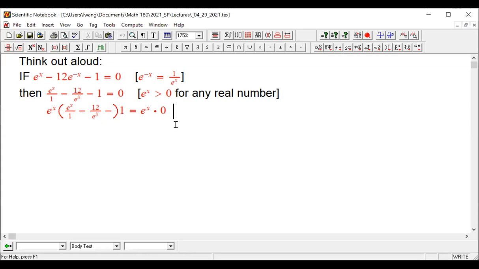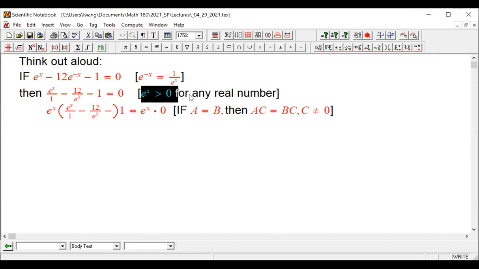Okay. So which principle are we using here? If A is the same as B, then A times C is equal to B times C, where C is not 0. Principle number 4.